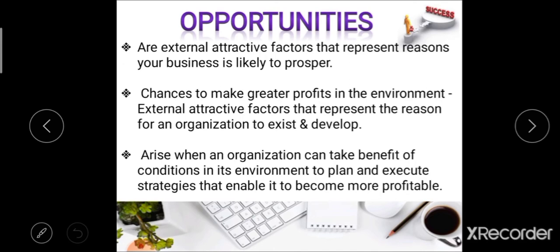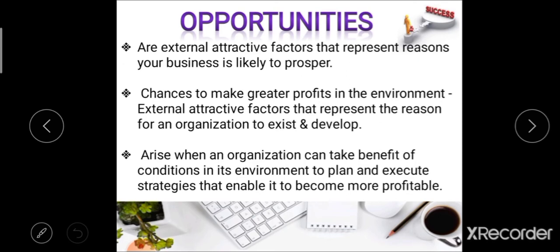So the chance to make the greater profit in the environment, external attractive factors that represent the reason for an organization to exist and develop. Okay, so these are the opportunities which show the reasons for an organization to exist or develop in more strength.